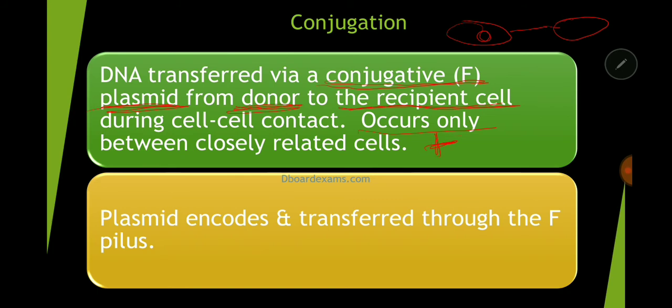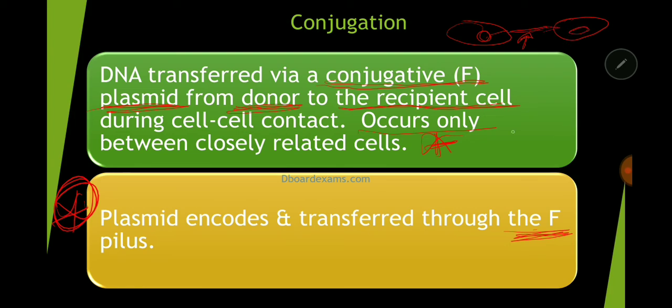So, closely related bacterial species are the ones which perform conjugation, and that makes sense. And the plasmid: you have to know what a plasmid is. Make sure you know before you go into this exam. A plasmid encodes and transfers through the F pili. So you can say this is the F pilus, and the plasmid is transferred through here and goes here.